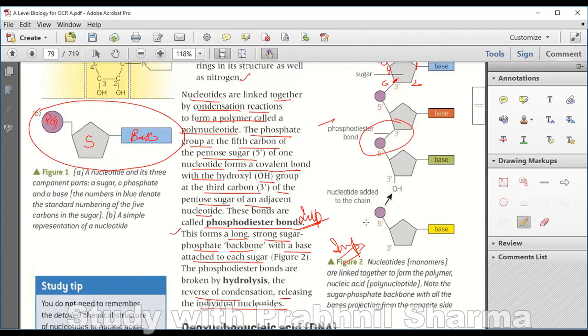The bond between the third carbon OH and the adjacent pentose sugar's phosphate group is known as a phosphodiester bond. Clear?